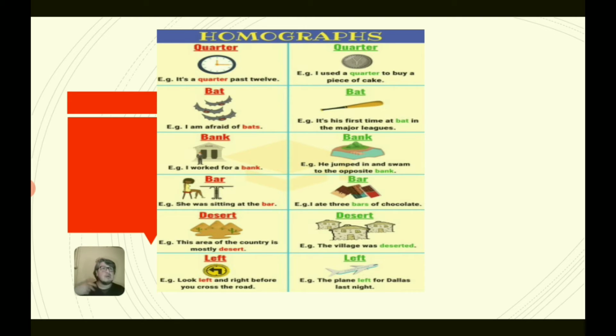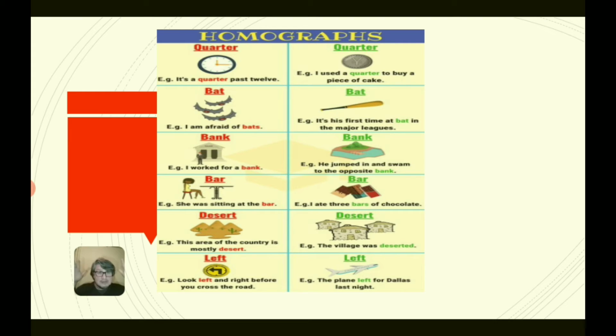So that's why I use a quarter to buy a piece of cake. 25 cents is the price of a piece of cake in those times. Now it's much more expensive. It's a couple of dollars. Right? And quarter, it's 12:15, 15 minutes. A quarter, 15 minutes.